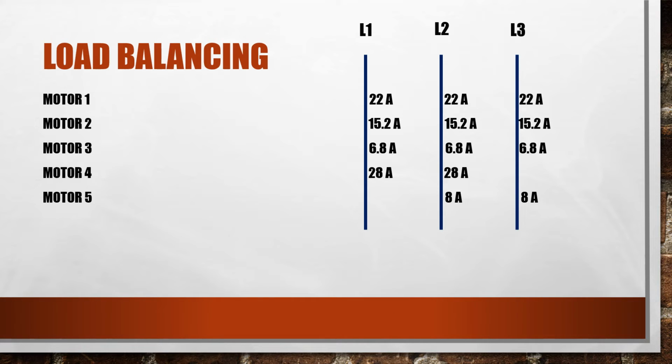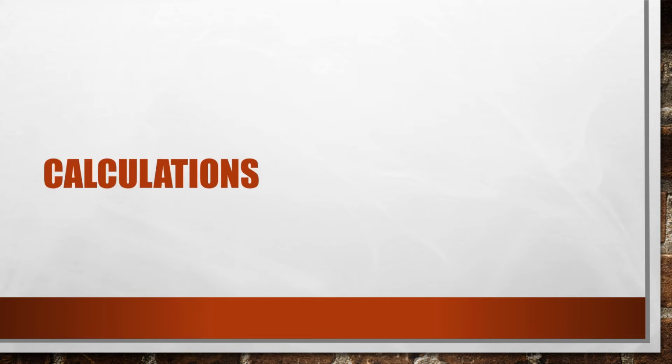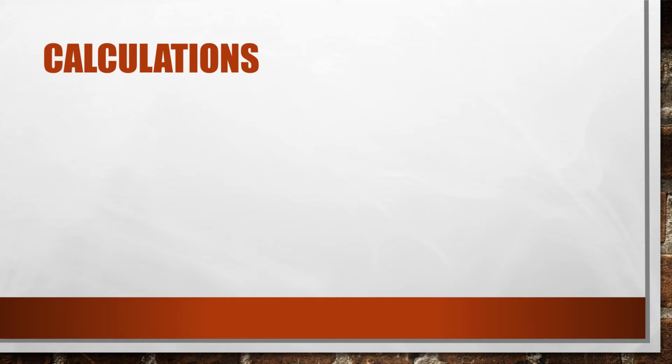And motor 5, we will put it in L2 and L3, 8 amperes. So the total current for each phase is L1 72 amperes, L2 80 amperes, L3 52 amperes. We have to use the phase with the highest total current, which is L2. And if you notice, we have 5 motors, so all 5 motor currents are found in this phase. Now we will go to the calculations.